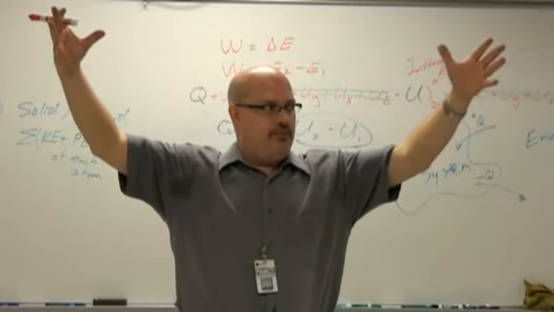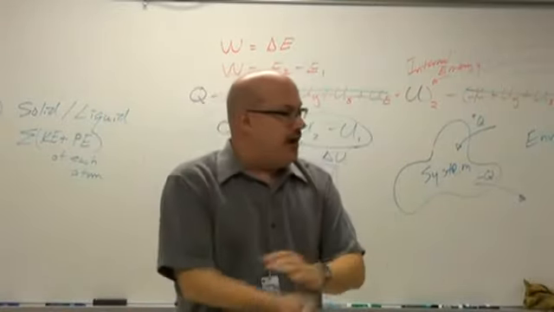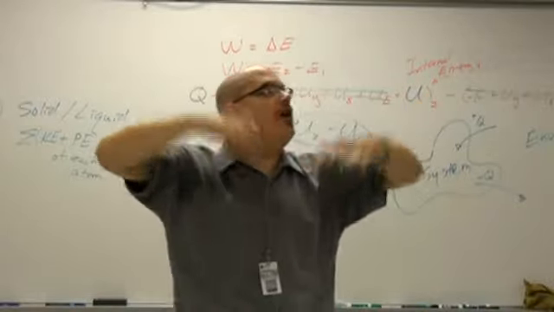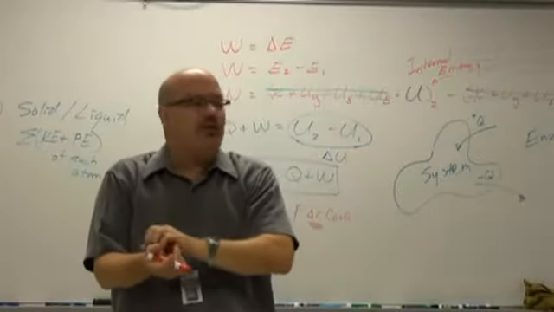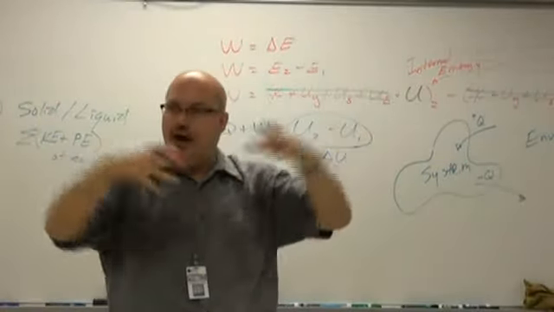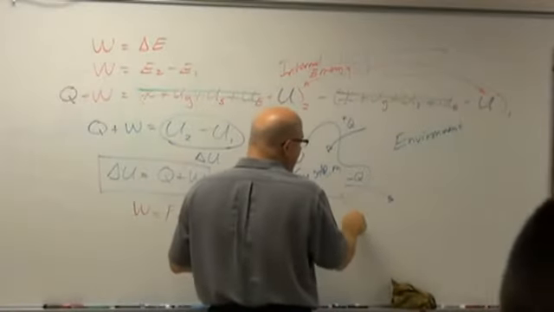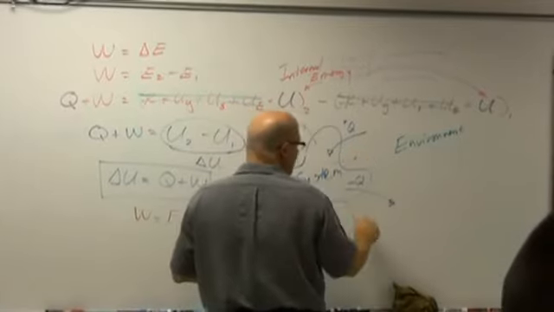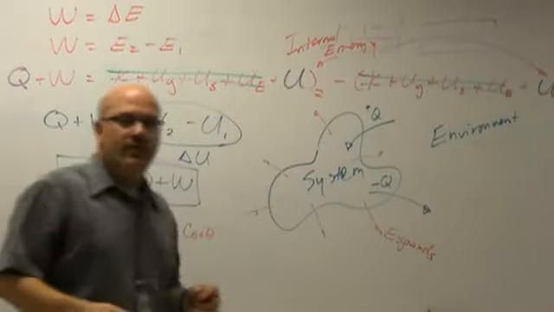Everything around it is the environment. So for it to move the environment and do work on the environment, the only way is for it to expand or contract. So if our system expands and moves outward, it pulls the environment outward, or pushes it out. So a balloon moves the environment.